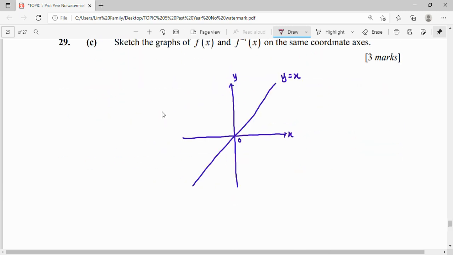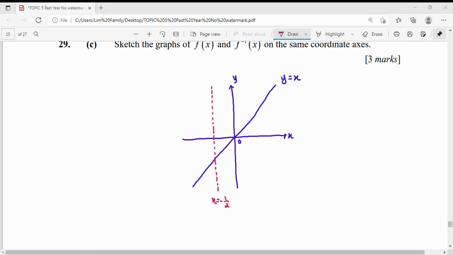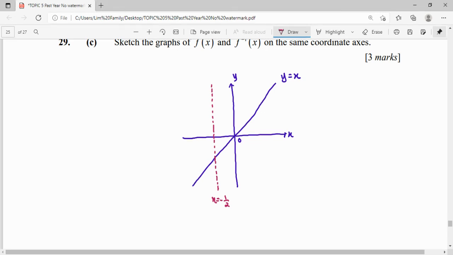Our asymptote will be x equals negative half. After we draw our asymptote, we can use our calculator to check our coordinates, whether it is above our reflection axis or below our reflection axis.